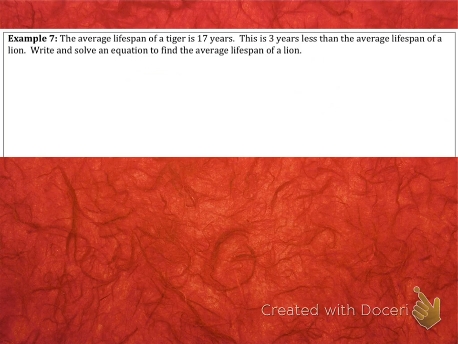Example 7 reads, the average lifespan of a tiger is 17 years. This is 3 less than the average lifespan of a lion. Write and solve an equation to find the average lifespan of a lion. We're going to make what we're trying to find, the lifespan of a lion, x. We know that a tiger is equal to 17, and that is equal to 3 years less than the average lifespan of a lion.